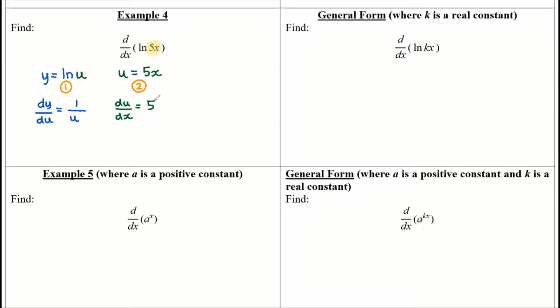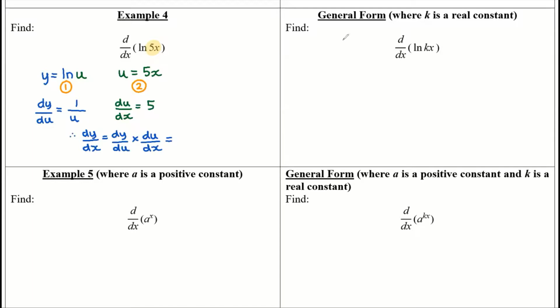Now we compose both of these together and we can generate dy by dx. So dy by dx is going to equal dy by du multiplied by du by dx. And when we multiply these together, this is going to be 5 over u, isn't it?